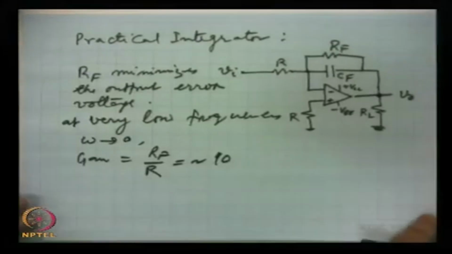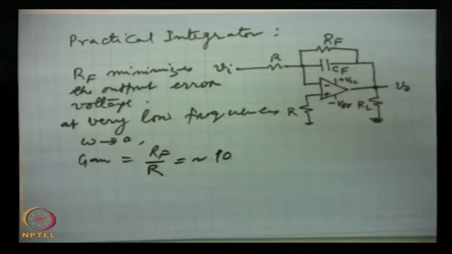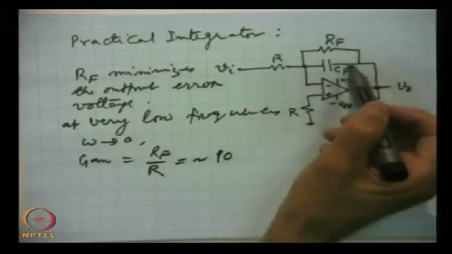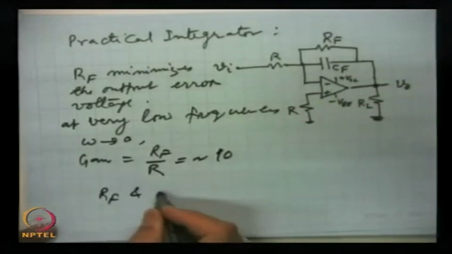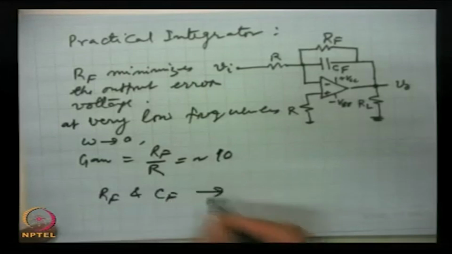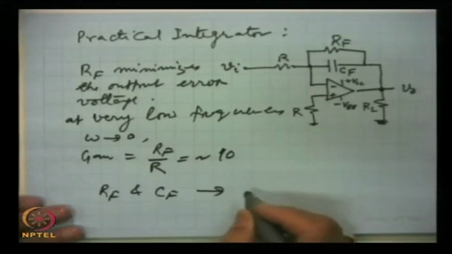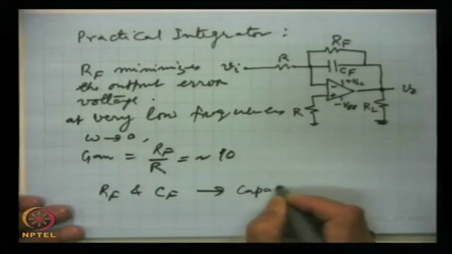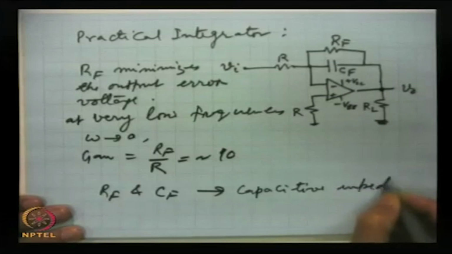So this takes care of the problem, but it puts a limitation. True integration will be there when the combination of RF and CF produces a capacitive impedance.